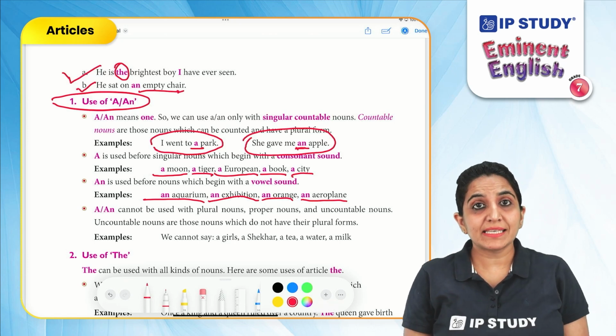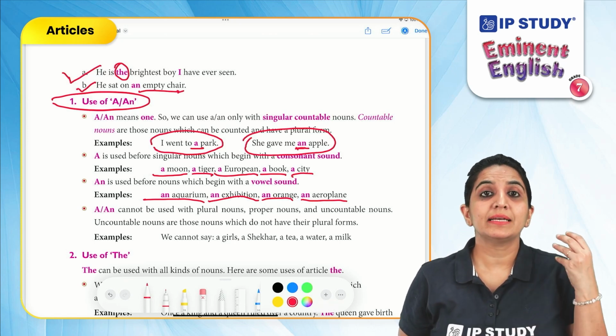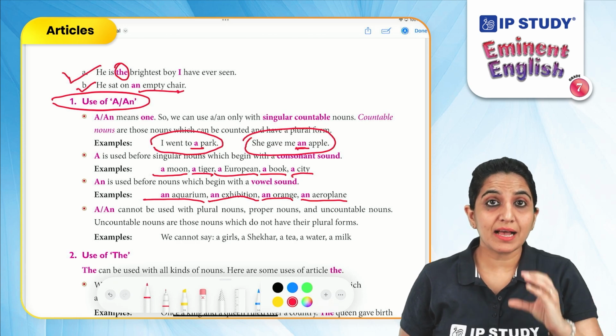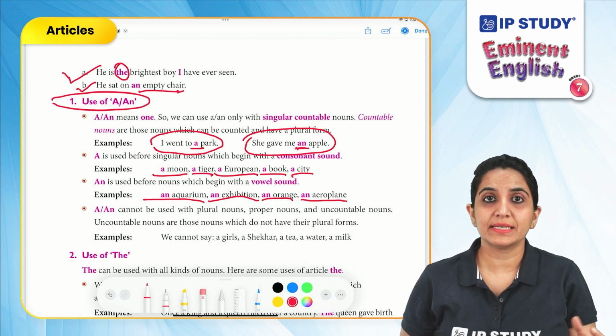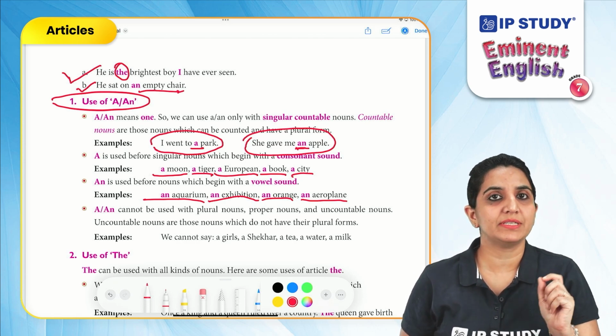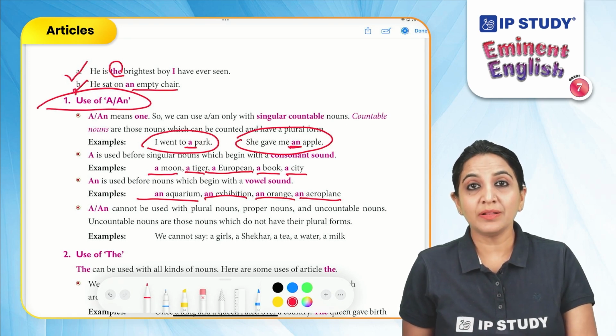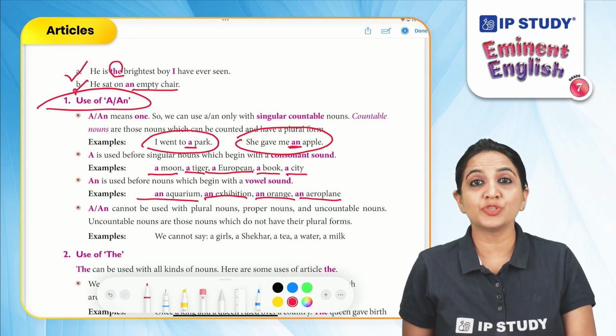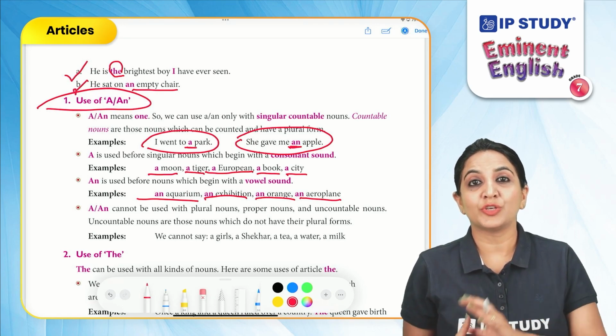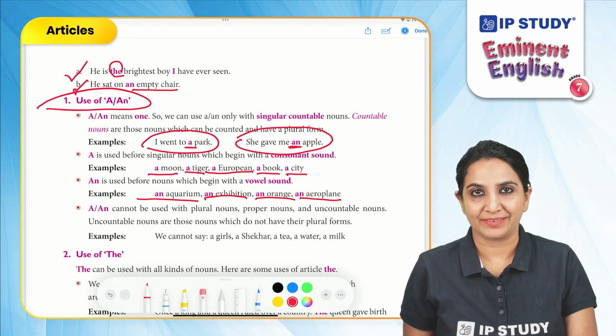If we see a word starting with a vowel, but the sound is like a consonant, we do not use them with article an. But words like apple, aeroplane, exhibition, in all of these nouns, you will use article an.